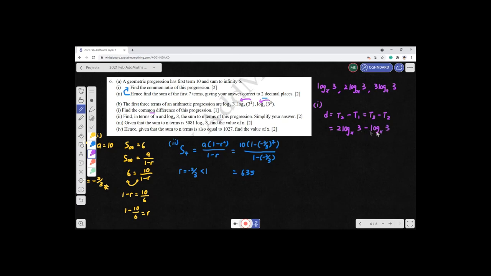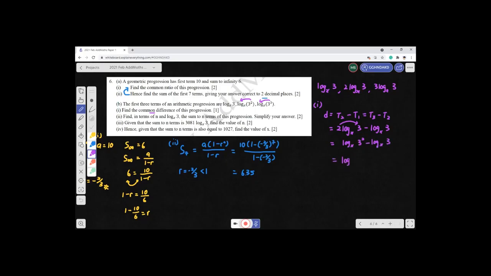What does minus in log mean? Divide, yes, but you cannot divide them directly because this in front has a 2. So you need to bring it to the power first so that you get log x3 squared minus log x3. Then only you can divide.